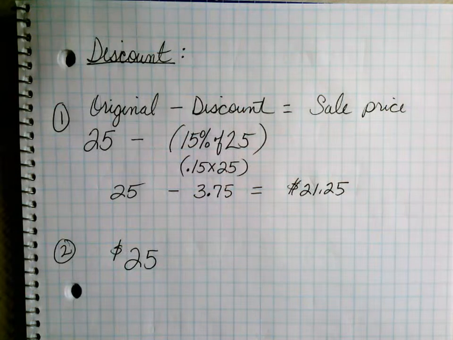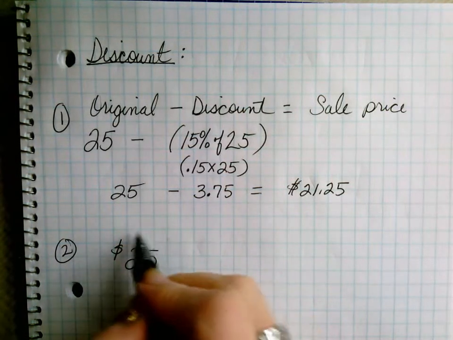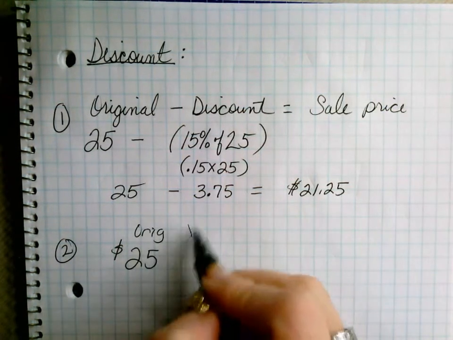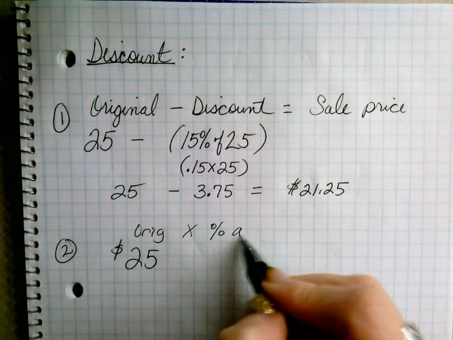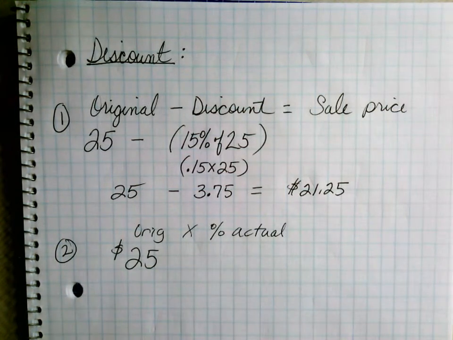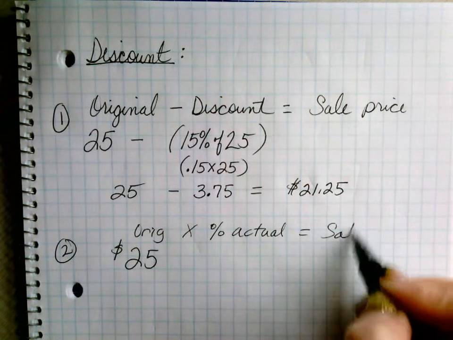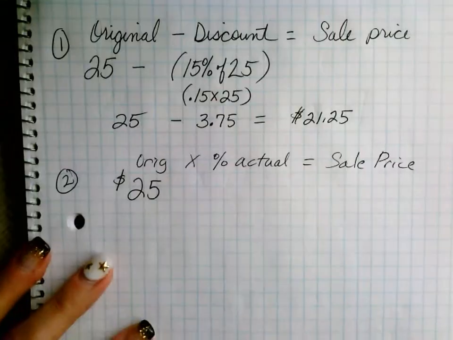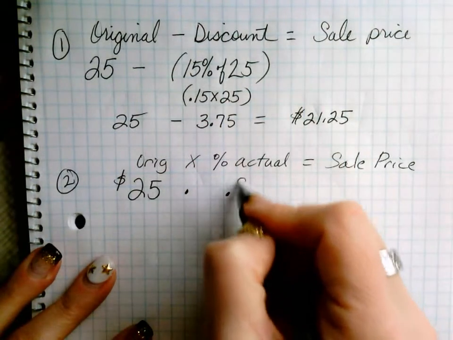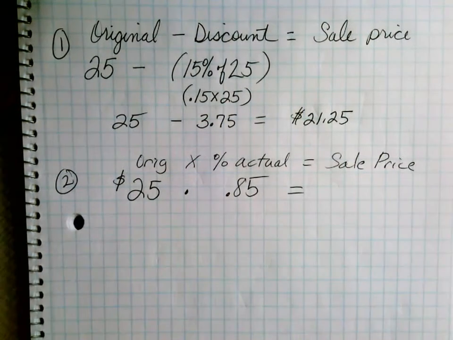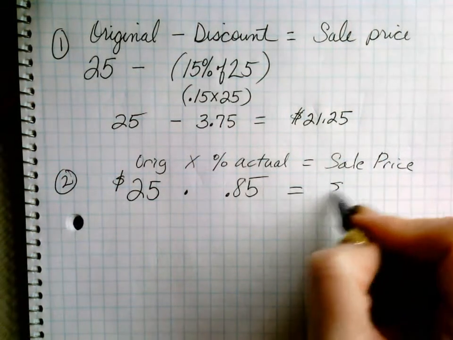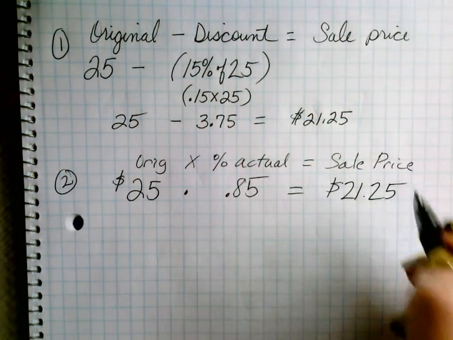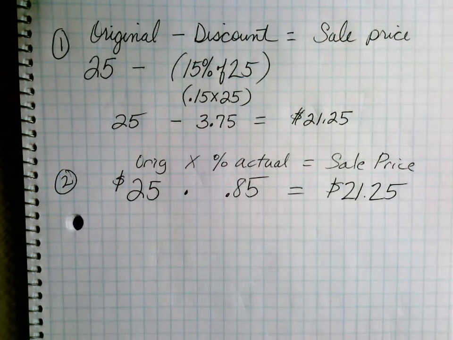So it would make sense to say original times percentage actual will give me sale price. Okay, I'm not paying 100%. I'm paying 85%. Okay? And if you plug that data in, 25 times 0.85, you end up with $21.25, much more quickly than we did in the first example.